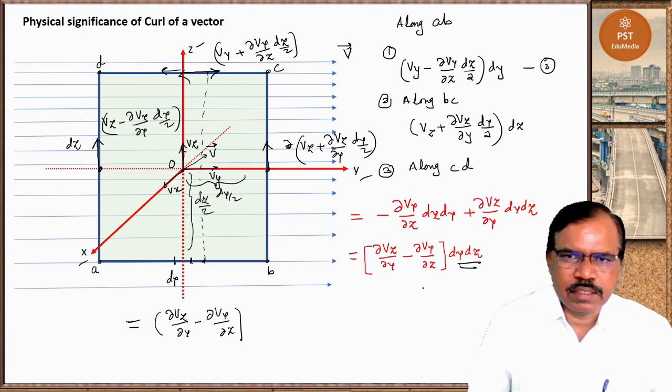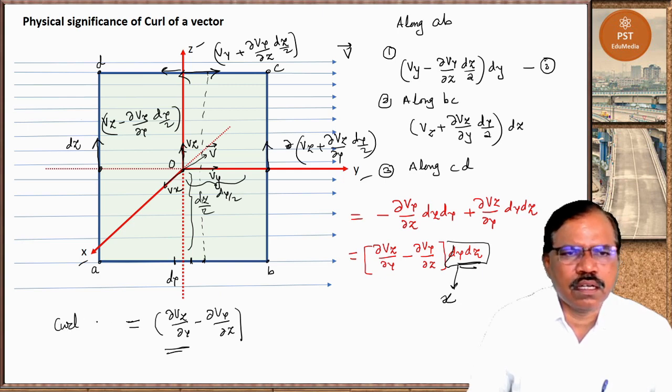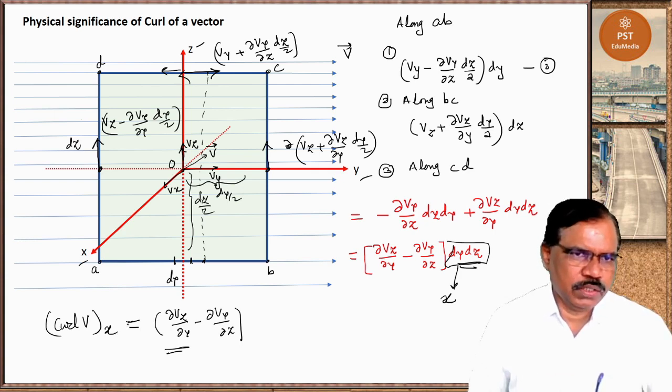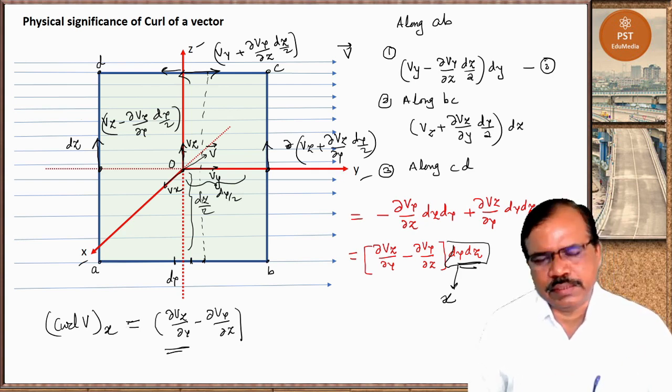So what happens here? Perpendicular to dy dz, that is along the x-axis. So we call this curl of V, but it is along the x-axis because it is normal to the surface area.